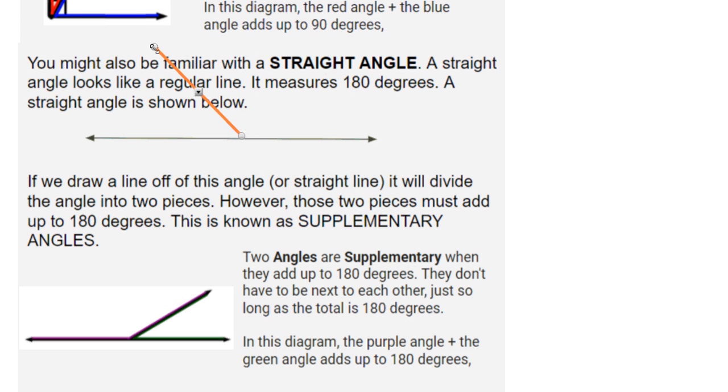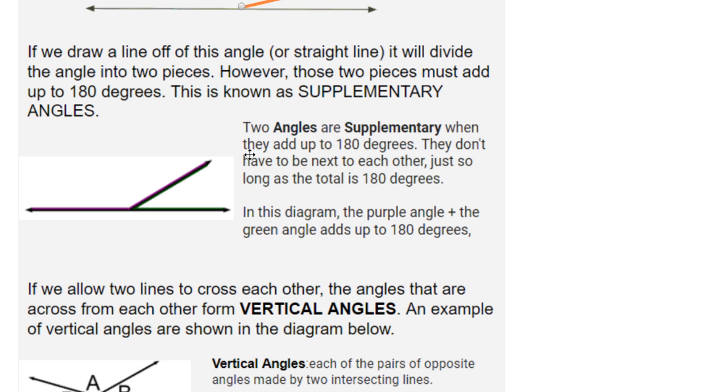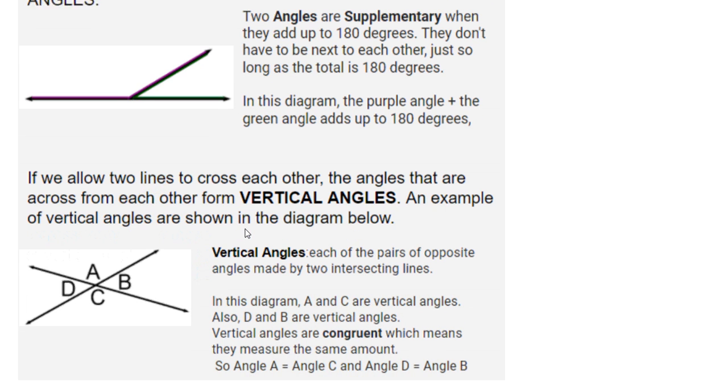No matter where I'm pointing this orange line, both the left side and the right side angle must equal 180 degrees. This is showing you that these two angles are supplementary. Here we have a straight line, and then a line coming off of it. So this purple angle and this green angle must equal 180 degrees if we add them together.